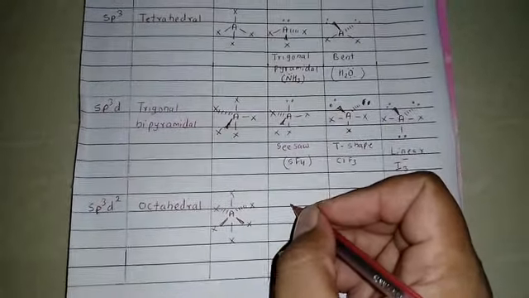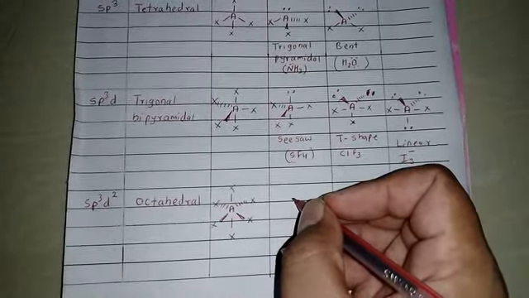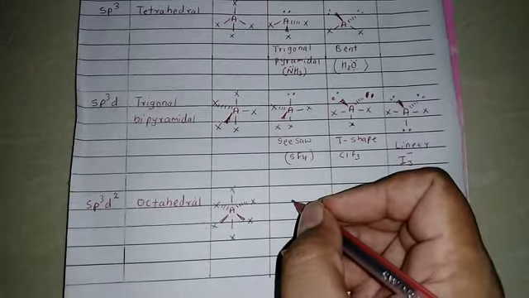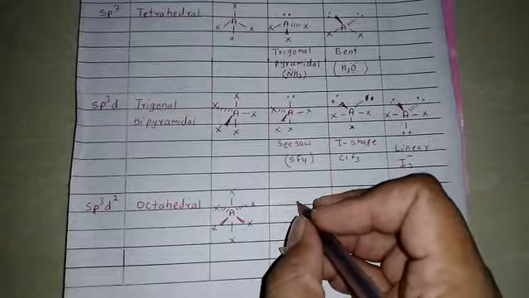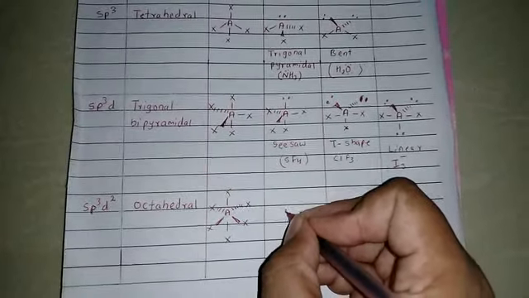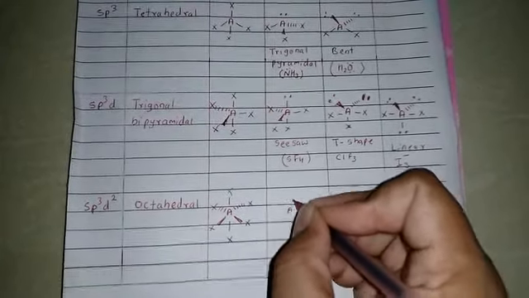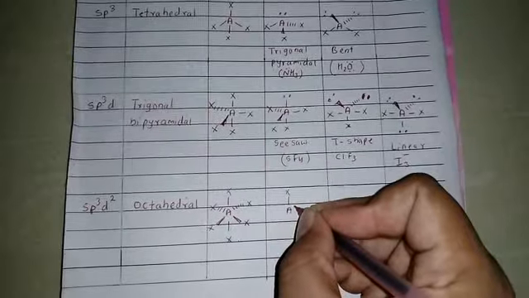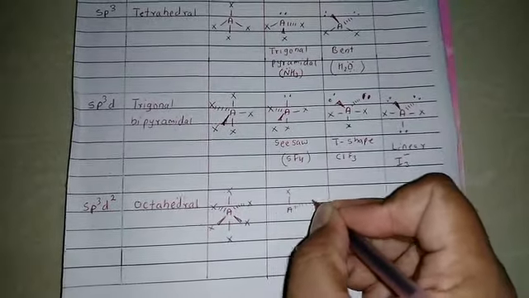But if any molecule with sp3d2 hybridization consists of 1 lone pair of electrons, the structure appears in this pattern.